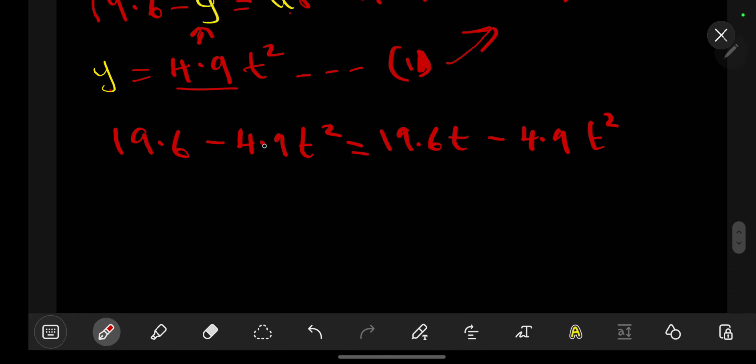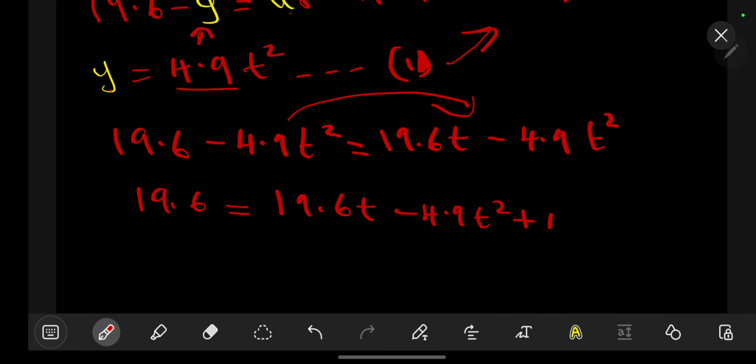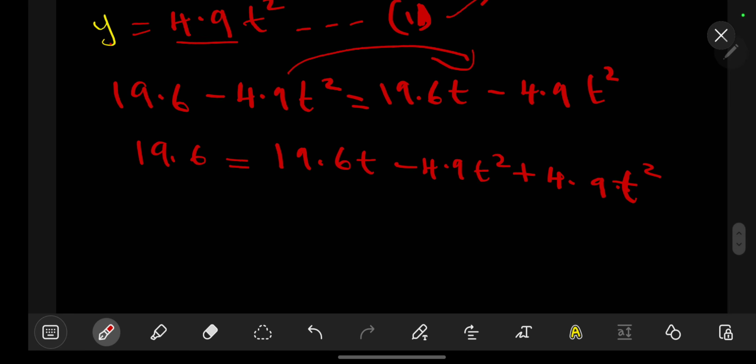Let's collect the like terms. Taking this value to the other side, we remain with 19.6 equal to 19.6 t minus 4.9 t squared. If this value goes to the other side, it will be plus 4.9 t squared. So negative 4.9 t squared plus 4.9 t squared is just 0, which we can forget.